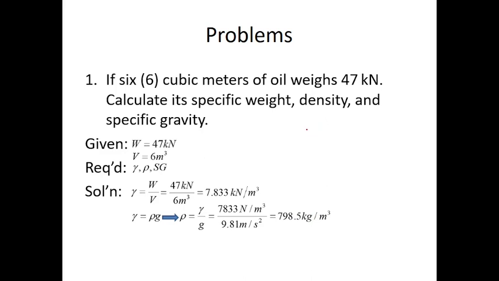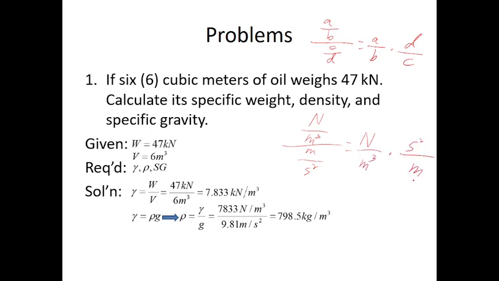So let's apply unit tricks. I have newton per cubic meter, and I have meter per second squared. By the law of fractions, if I have A over B all over C over D, that is A over B times the reciprocal of C over D, which is D over C. So applying, we have newton per cubic meter times second squared per meter.